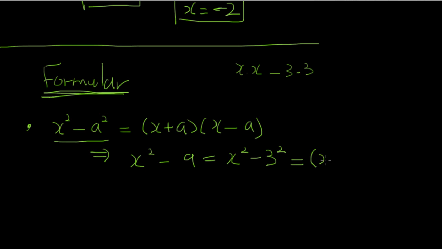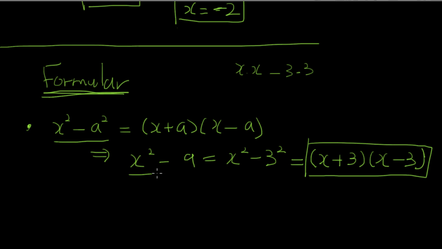The answer for this would be x plus 3 and x minus 3. That's our answer for this factoring question. But you can get this answer very easily if you memorize and understand this formula, right?